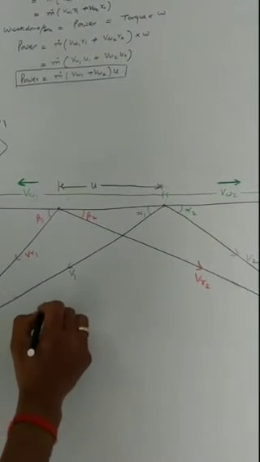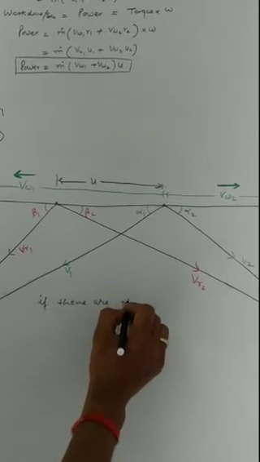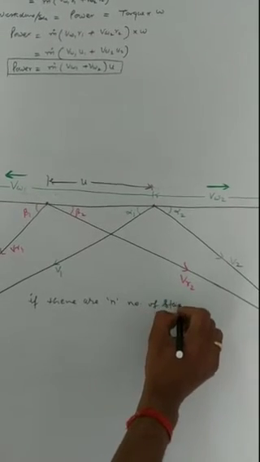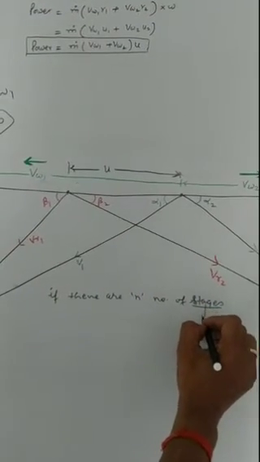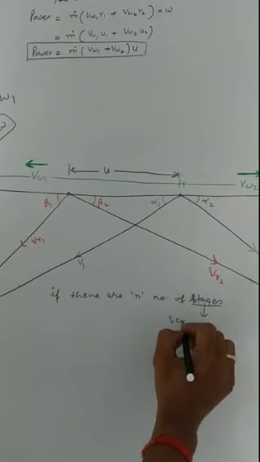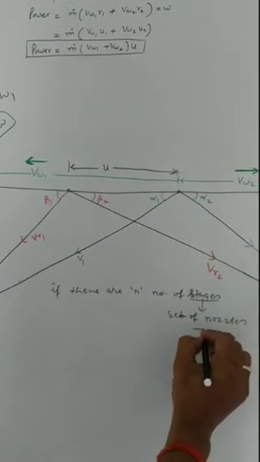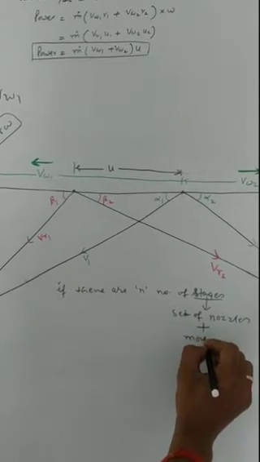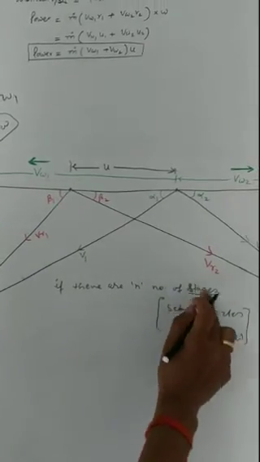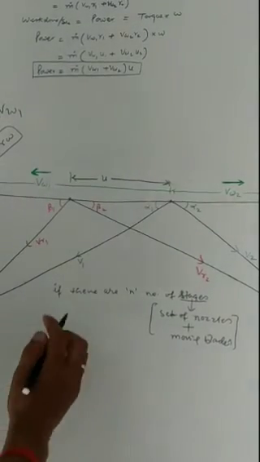If there are n number of turbines or stages, each stage comprises a set of nozzles and moving blades.